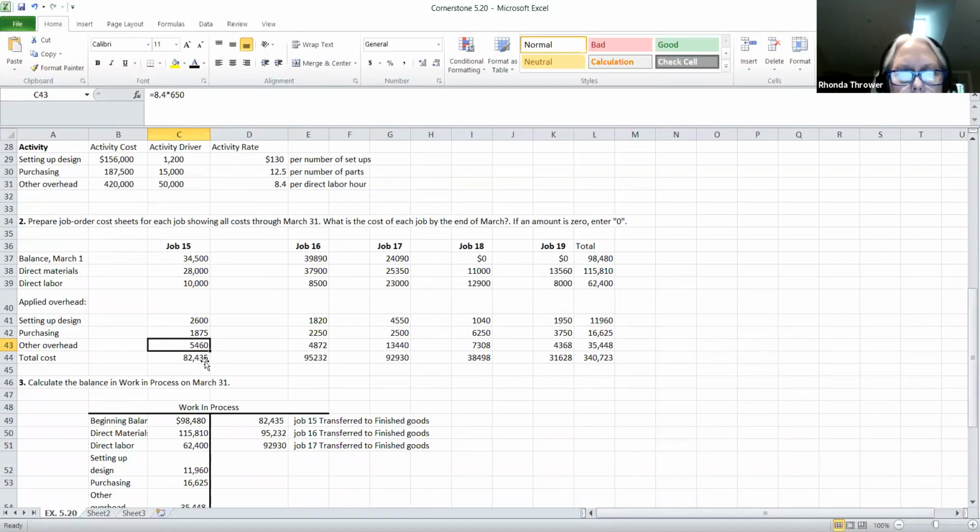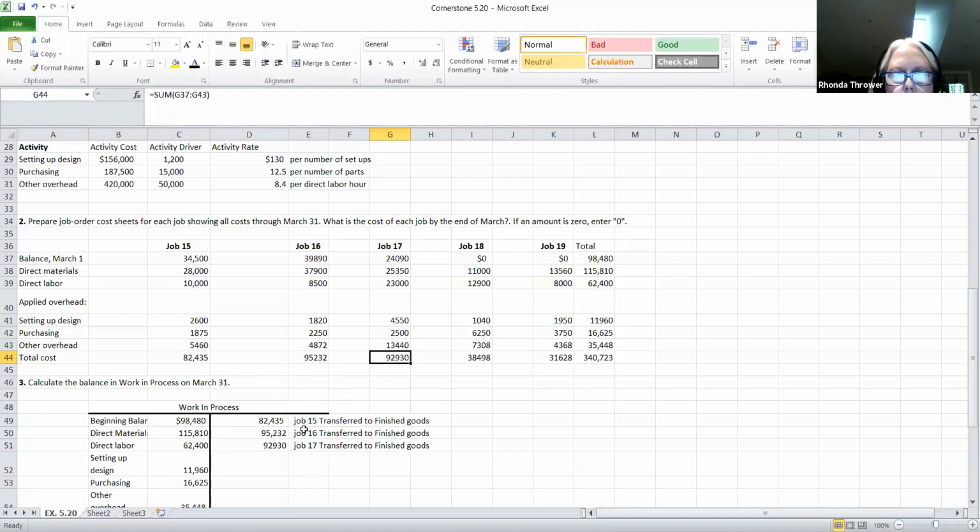And so I put the total cost of each one of those jobs in as credits to the work in process account. So this was job 15, this was job 16, and this was the total cost of job 17. You could have combined all these together and just credited this one time, but I just thought it was simpler to keep them separate.